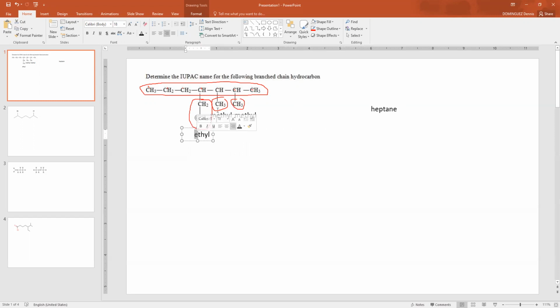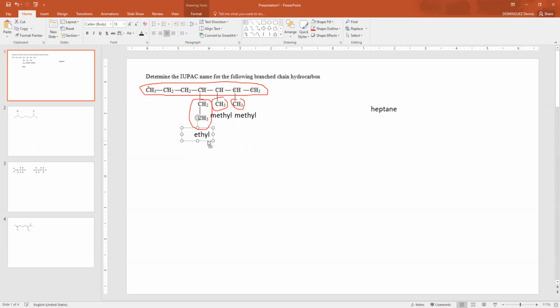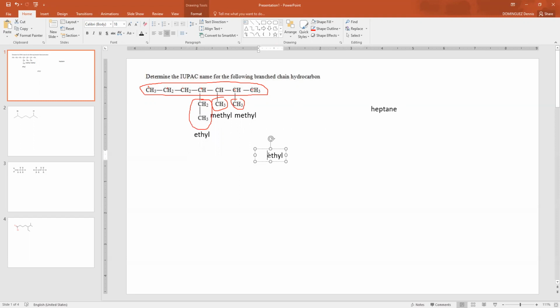So ethyl comes before methyl, so let's start with the ethyl. Then there will be a numerical coefficient, which is based on the position of the alkyl attachment, on the nearest carbon where it is attached.